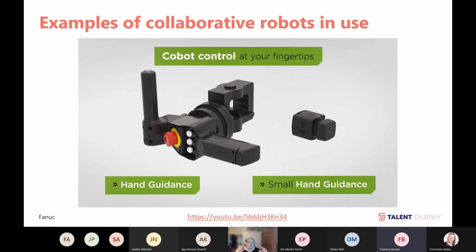But if we are working hand in hand or arm in arm, like I said yesterday on Monday, then if a human is working there, then the maximum speed is always 250 millimeters per second. So we can use these collaborative robots also in between the real collaborative mode and the traditional industrial robots.